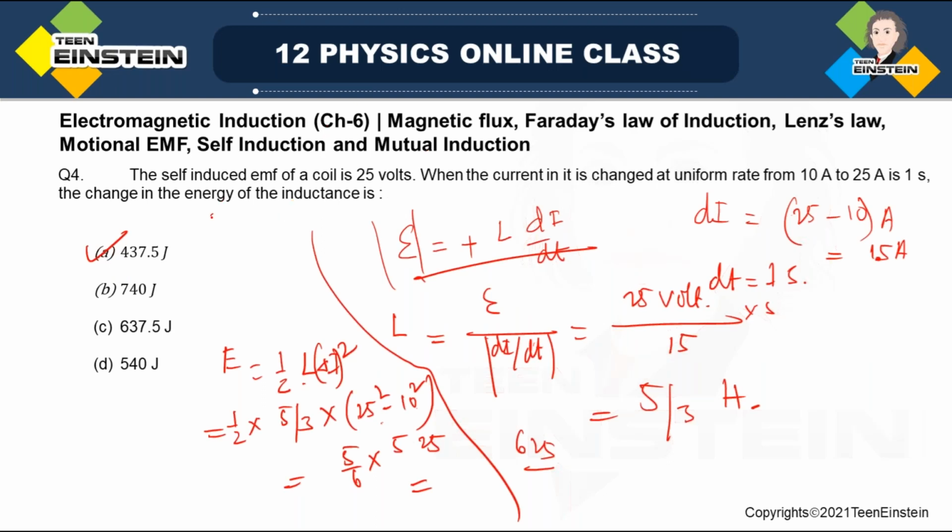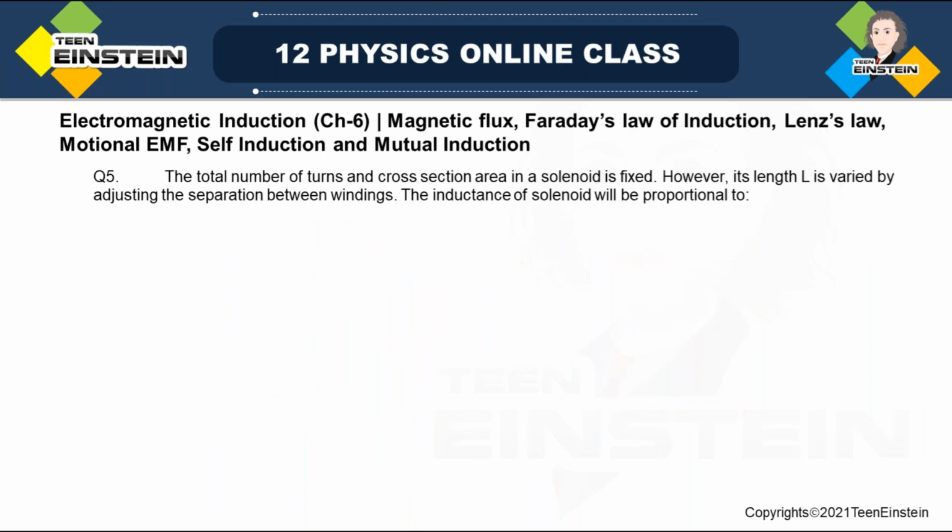The total number of turns and cross-sectional area in a solenoid is fixed. However, its length is varied by adjusting the separation between windings.